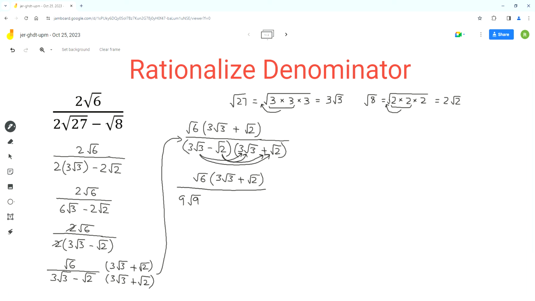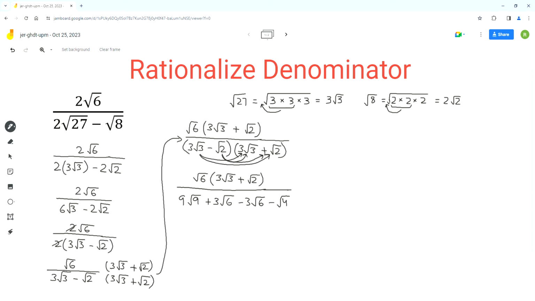Then 3 times square root 3 times square root 2, so we get plus 3 square root 6, because square root of 3 times square root of 2 is square root of 6. And now we do negative square root of 2 times 3 square root 3, so we get negative 3 square root 6. And then we do negative square root 2 times positive square root 2, which is equal to negative square root of 4.